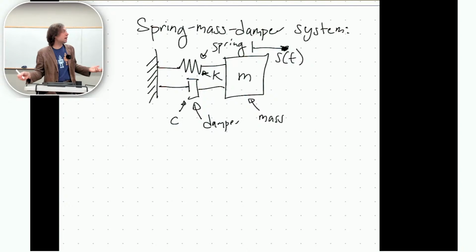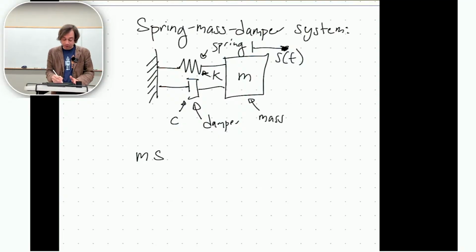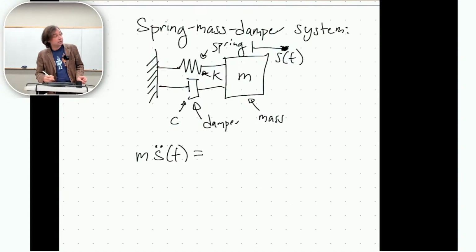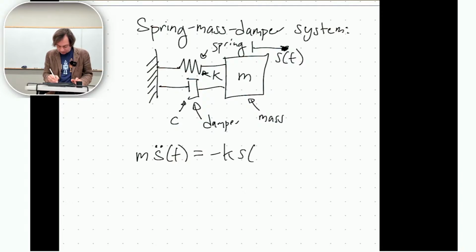So, you have a spring mass damper system. Now, you sum all the forces, you do a free body diagram, and you would come up with the fact that the mass times acceleration, S double dot of t, is equal to, let's just say the stretching of this linear spring, minus k times S of t.